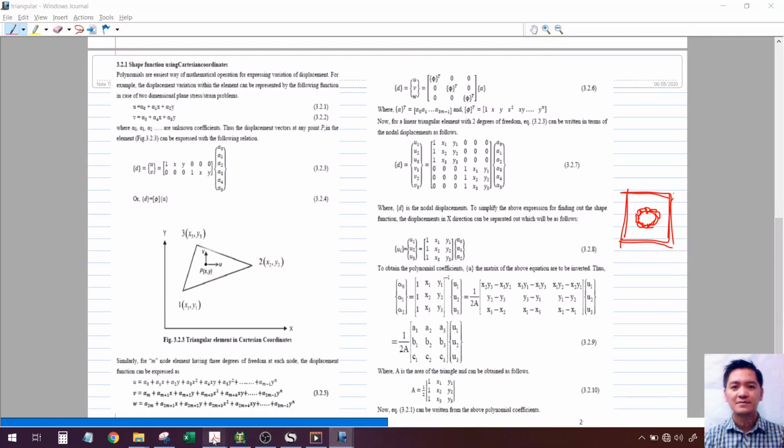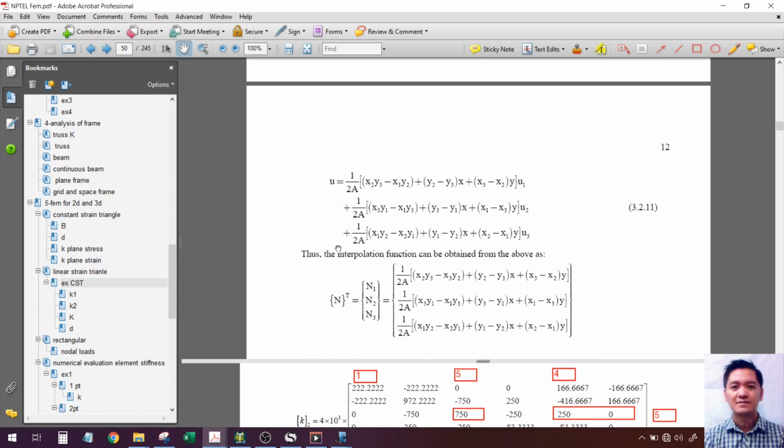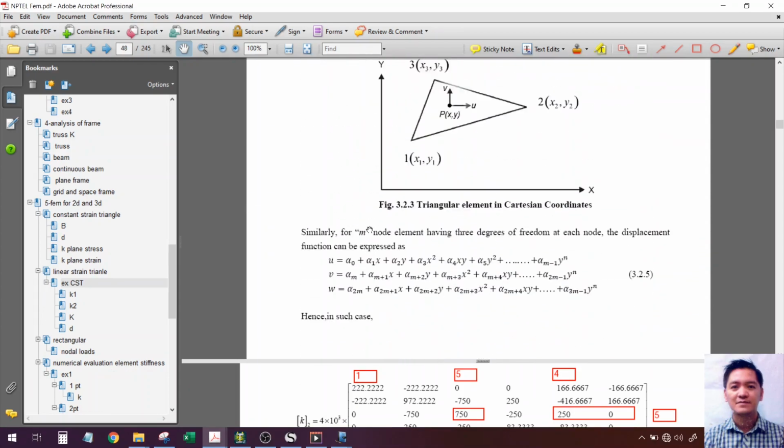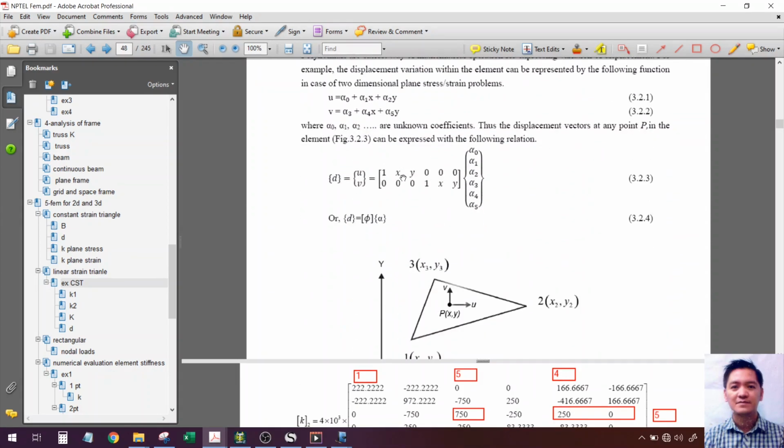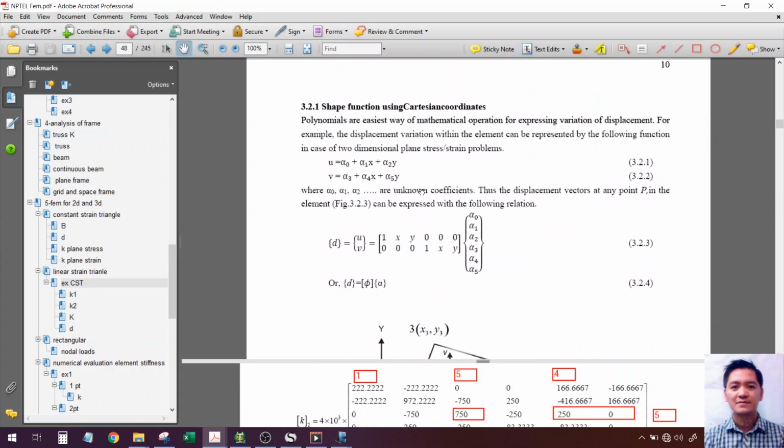So again, referring to our reference here. Okay, shape function using Cartesian coordinates. So polynomials are the easiest way of mathematical operation for expressing variation of displacement. For example, the displacement variation within the element can be represented by the following function in case of 2D plane stress or strain problem.